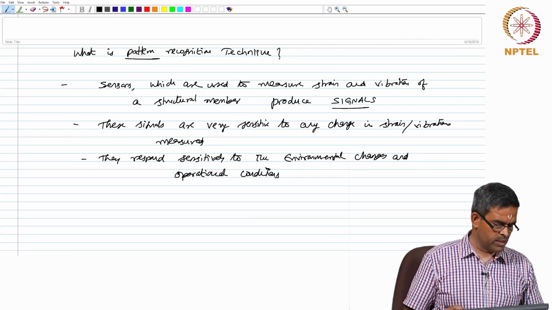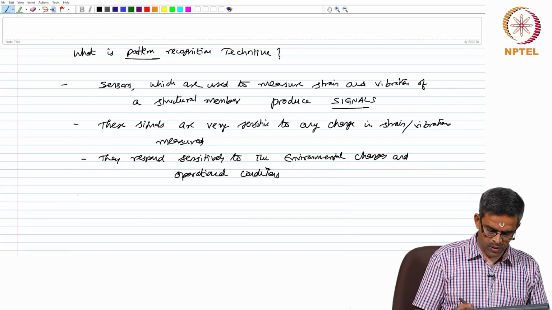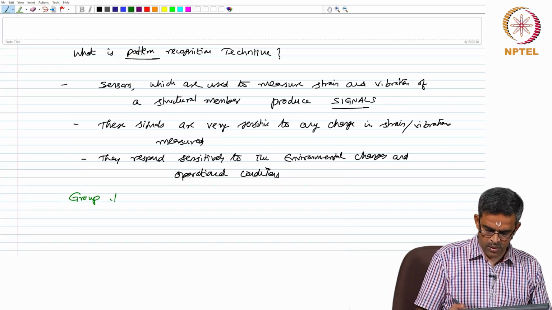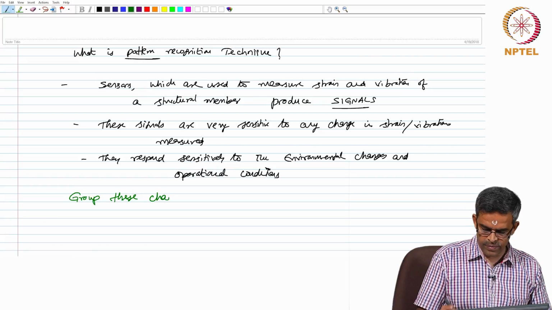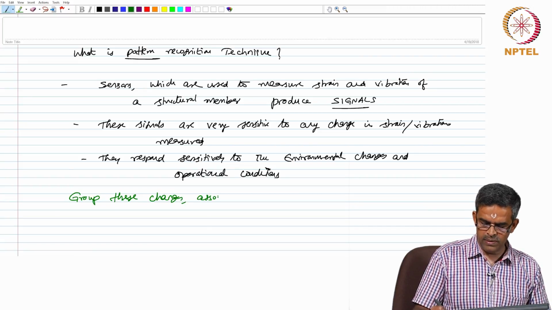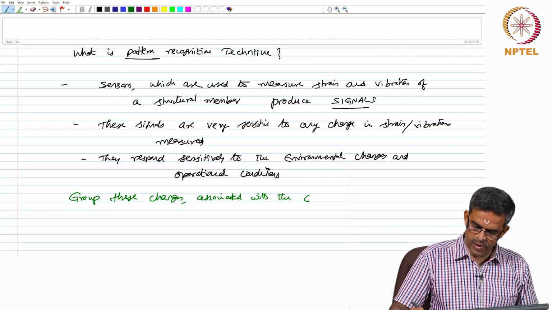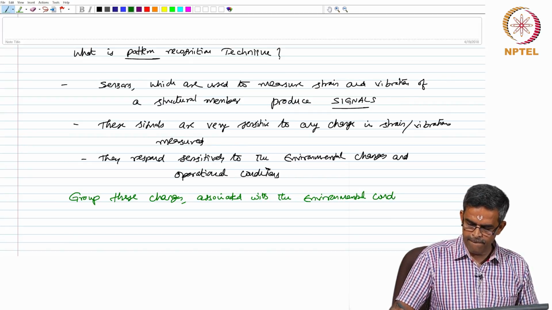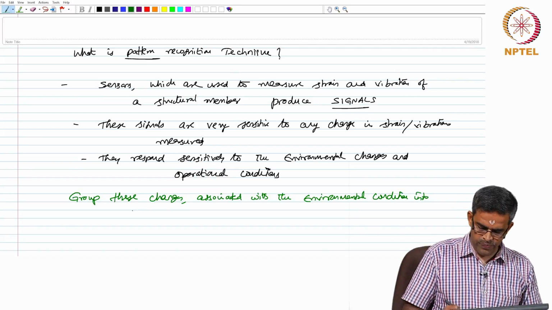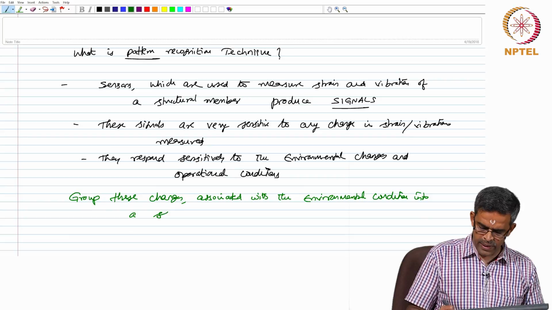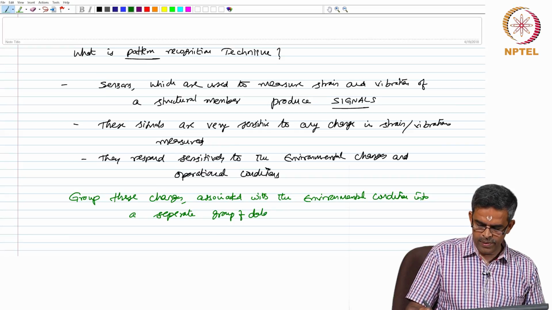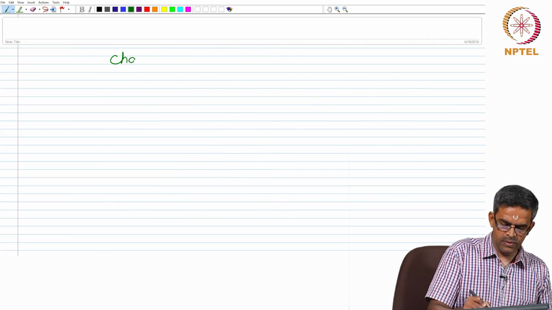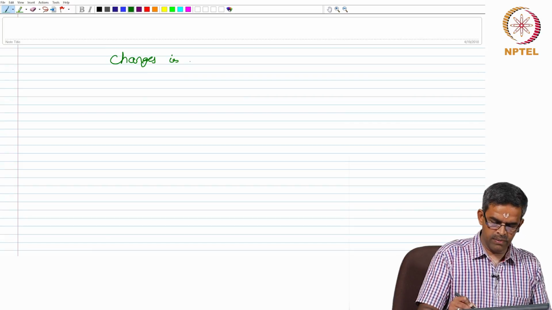So, what we actually do is we try to group these changes associated with the environmental conditions into a separate group of data, that is, changes in measurements.